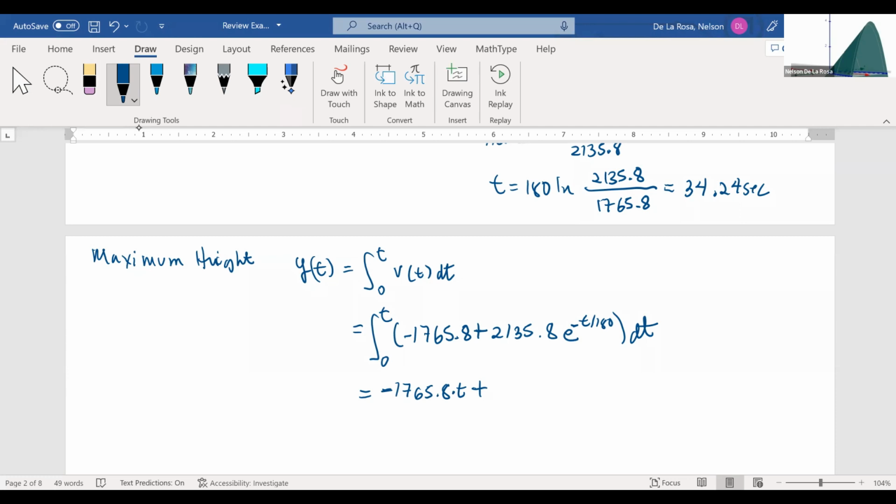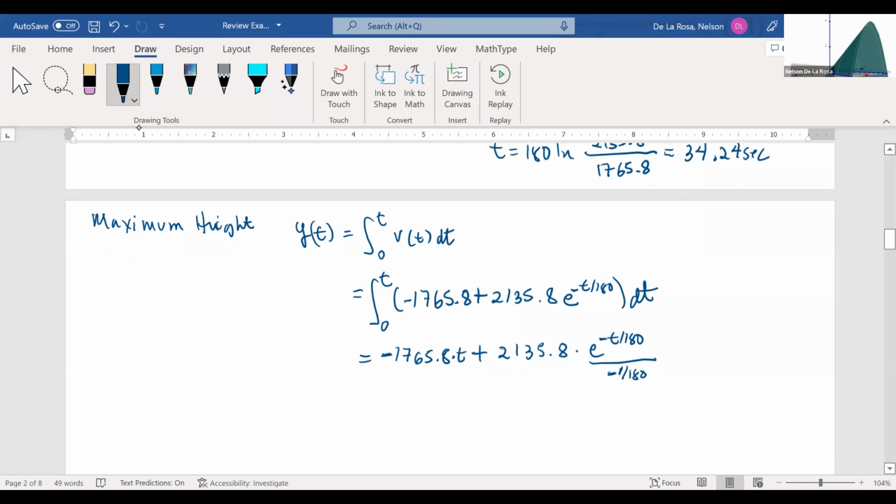Then we have the exponential, the same exact exponential, divided by negative 1 over 180, from 0 to t.